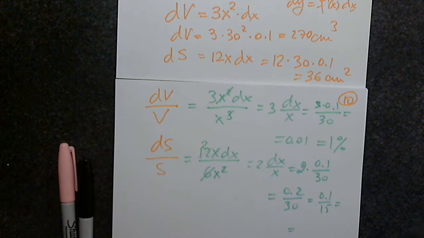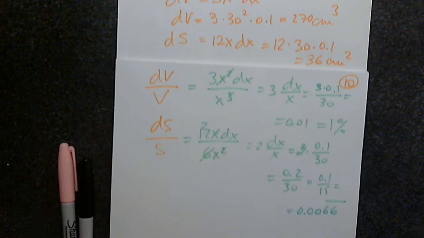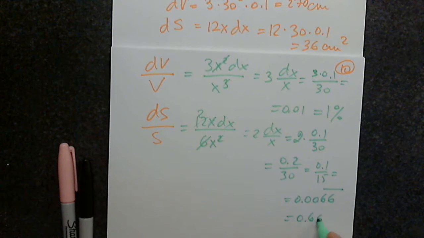I got 0.006666, and this changes into 0.66%. So an error of 0.1 centimeter in the edge of a cube triggers roughly a 0.6 or 0.7 percent change in the surface area, but triggers a 1% change in the volume of the cube. And this was possible using differentials. Questions?